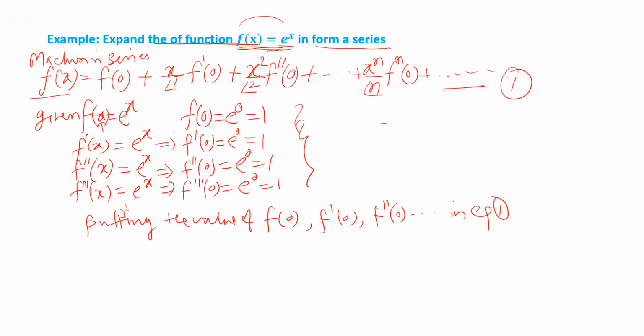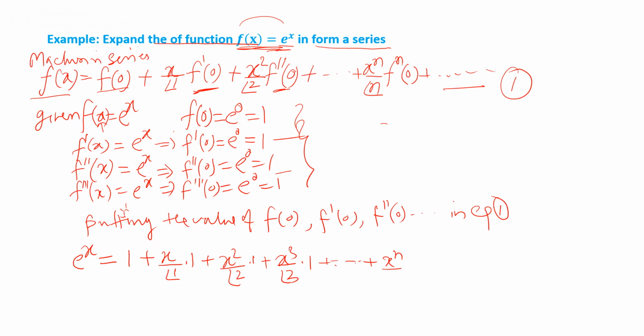So on the left hand side, f(x) is e raised to power x, and f(0) is 1, plus x upon factorial 1 into f'(0), which is again 1, plus x square upon factorial 2 into f''(0), which is again 1, and so on. x cube upon factorial 3 into 1, and up to the nth term, which is x raised to power n upon factorial n.